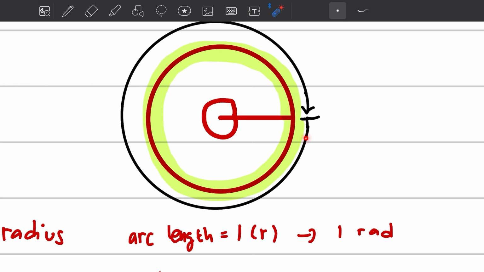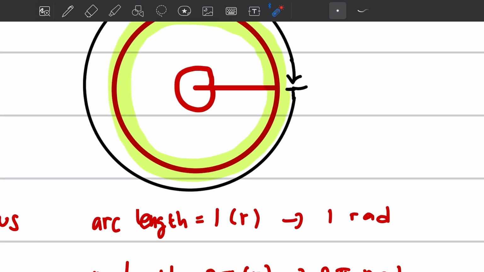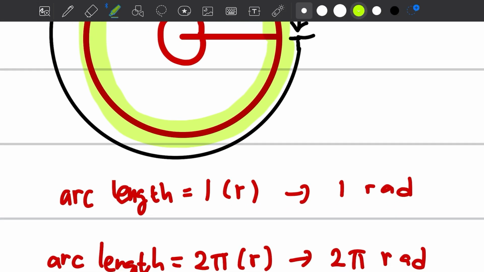The length of this circle is 2 pi radius. So, using comparison, when we have 1 radius, it creates an angle of 1 radian. If we have 2 pi radius, that means I create 2 pi radian. If I have 2r, I have 2 radian. 3r, 3 radian. If I have 2 pi r, my radian will be 2 pi as well.